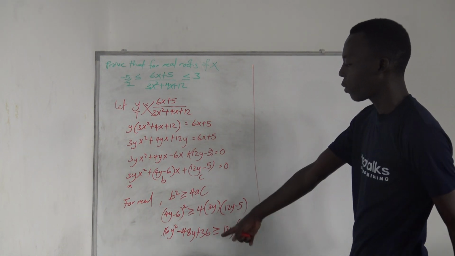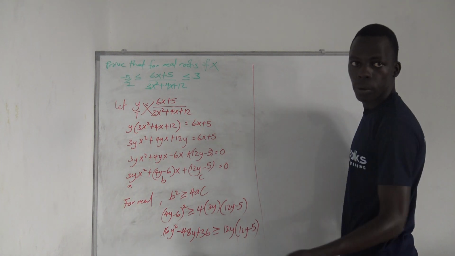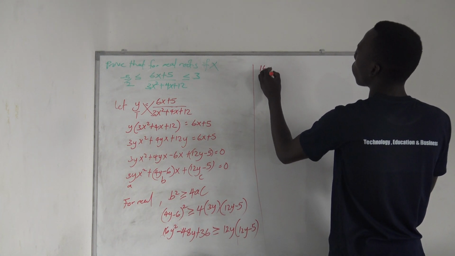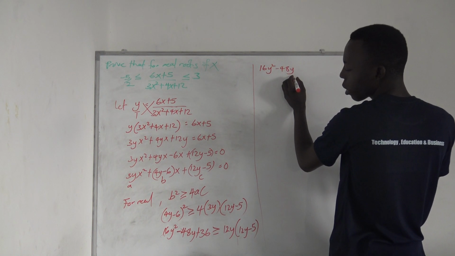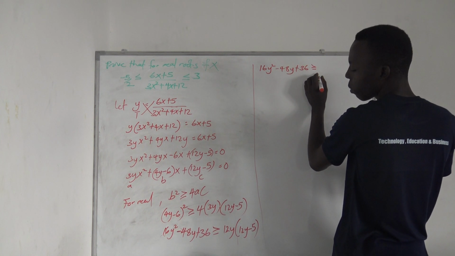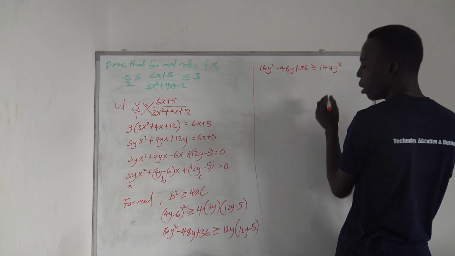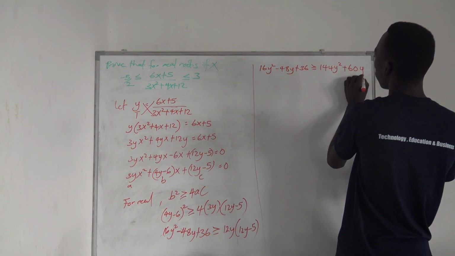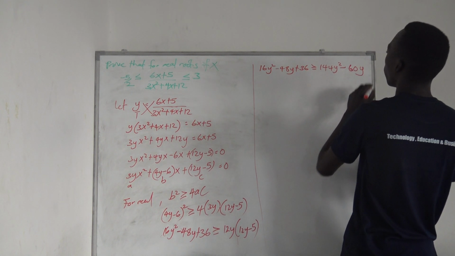So now we go back. We also have to open the bracket on this side, which becomes 16y² − 48y + 36 is greater than or equal to 144y² − 60y.